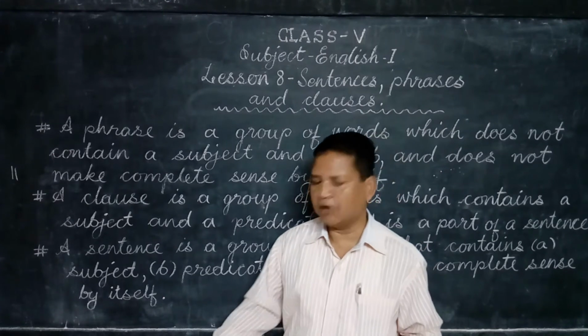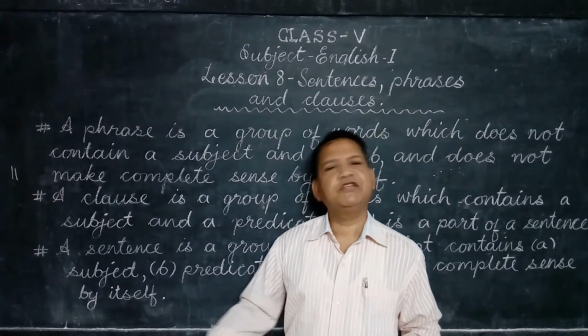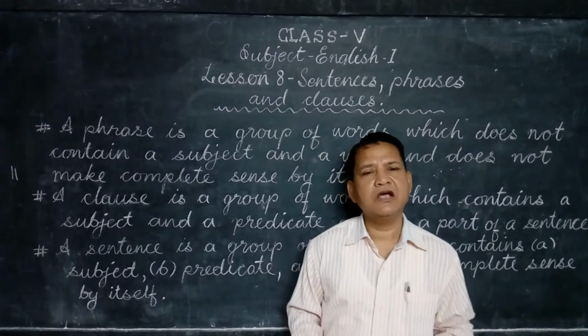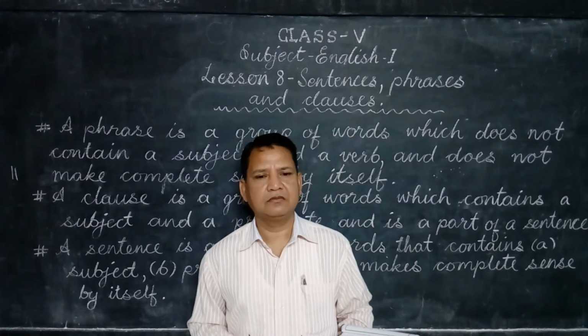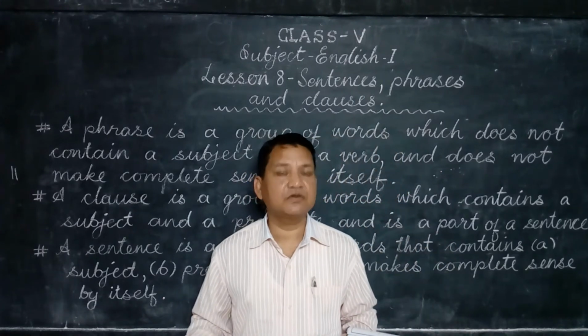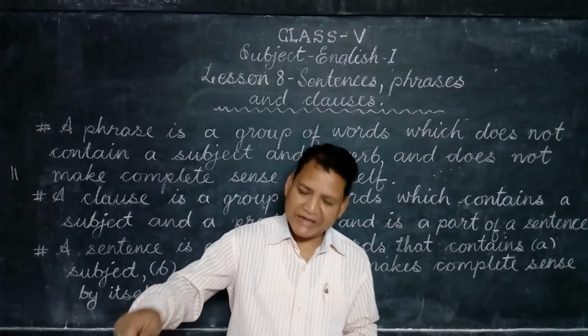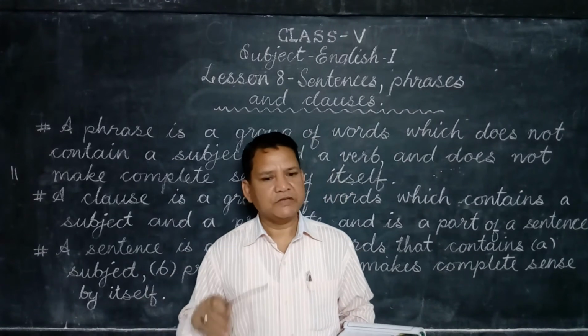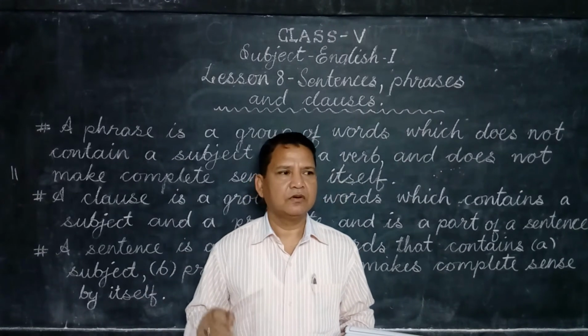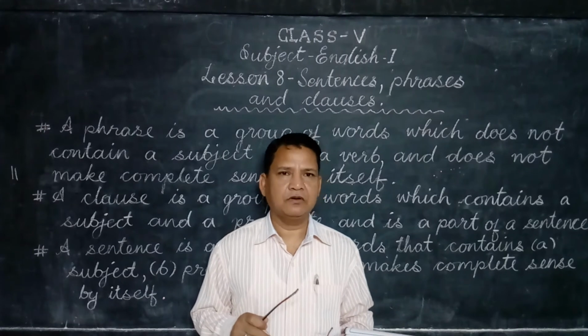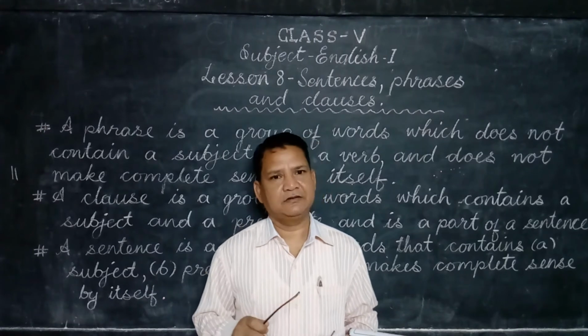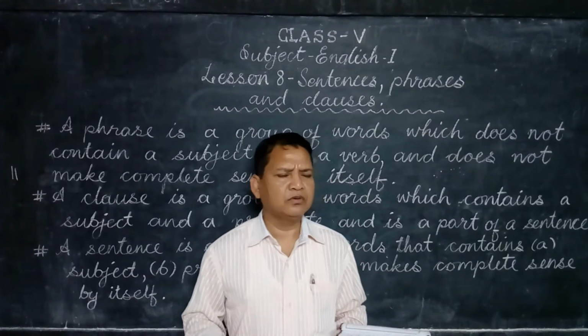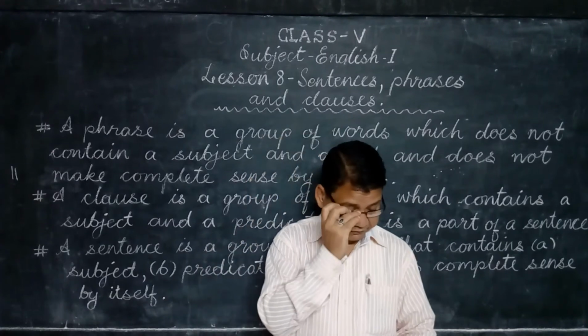Suppose I say, please sit down. Definitely I am instructing someone. You please sit down. So in some cases, subjects will not be mentioned, but you have to understand. It may be you or they or whatever.